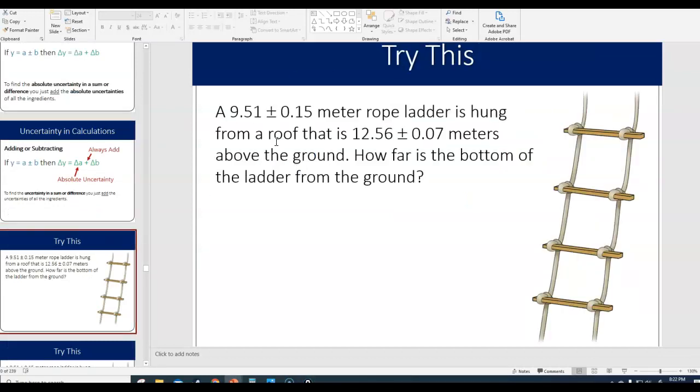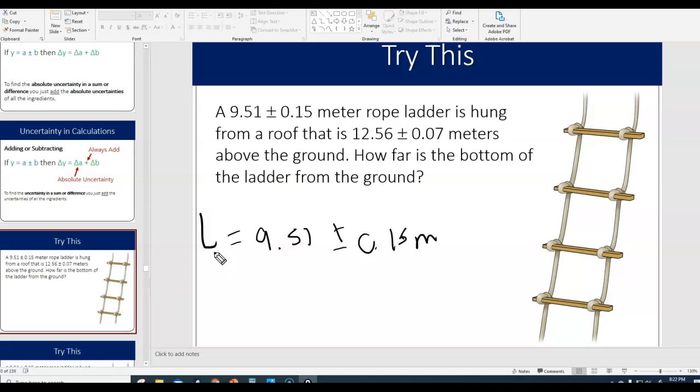We have a rope ladder, as you can see, and the length of the rope ladder is measured to be 9.51 plus or minus 0.15 meters. I'm just going to write this down. This is the length of the rope ladder, plus or minus 0.15 meters, and it's hung from a roof that is 12.56 plus or minus 0.7 meters above the ground.